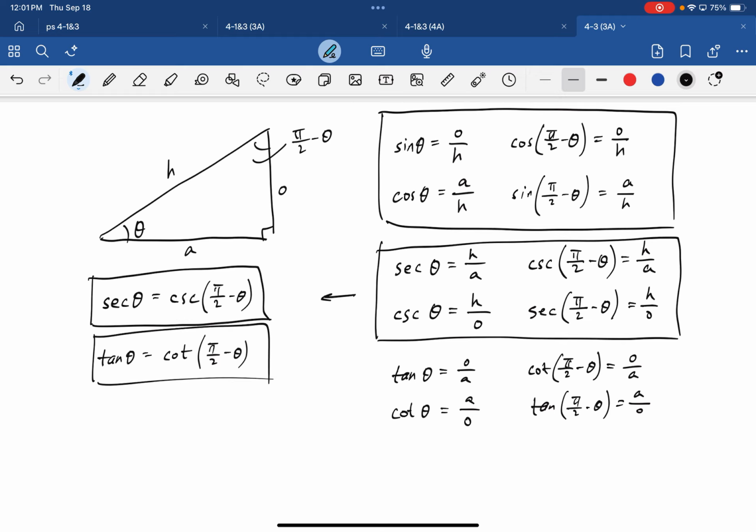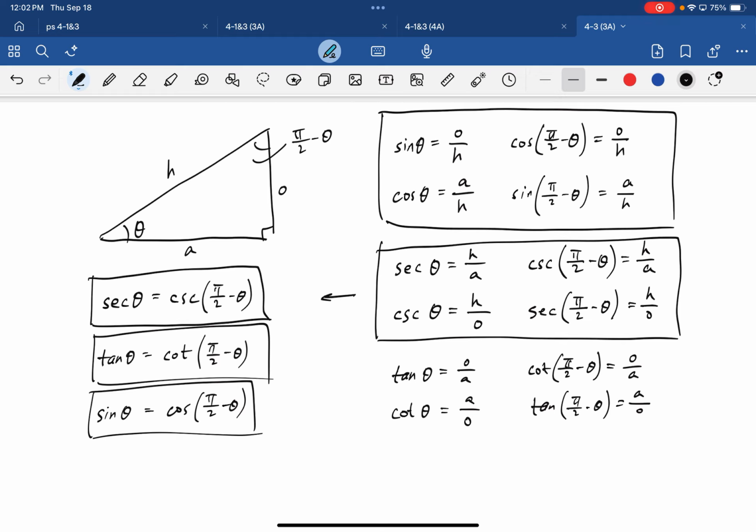And then finally, we also have from before, right? Sine theta equals cosine of pi over 2 minus theta. So these are what we call the cofunction complementary relations. I don't know if that's the real name. I just made it up right now. And we call it that because basically the cofunction of a complementary angle is the same as the original function.